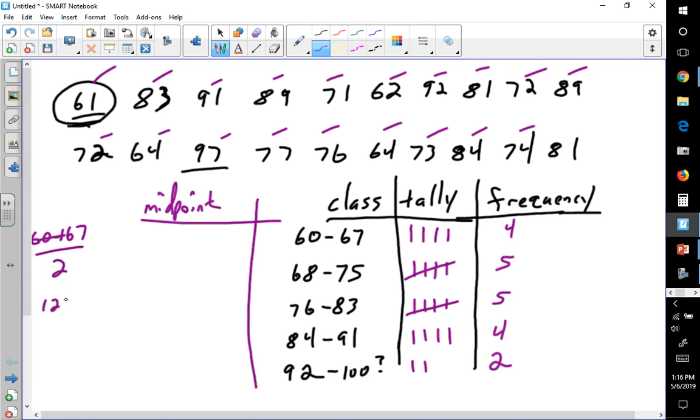That's 127. 127 divided by 2, or 63.5. For the next one, add those together, divide by 2.